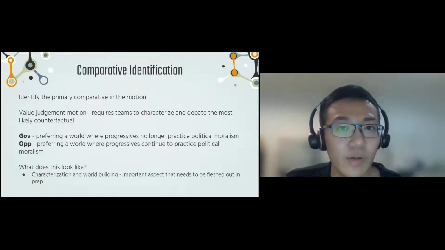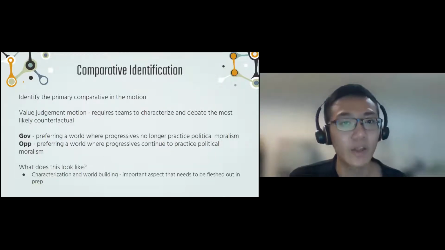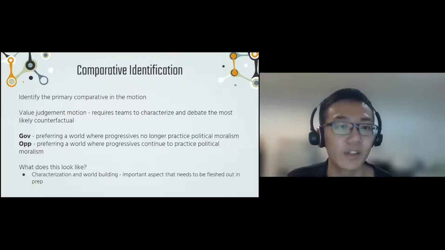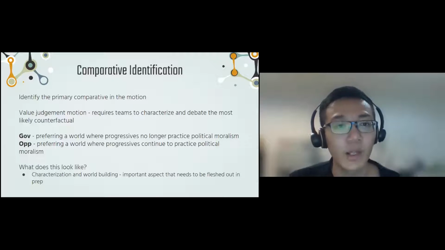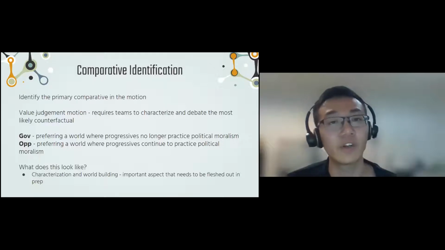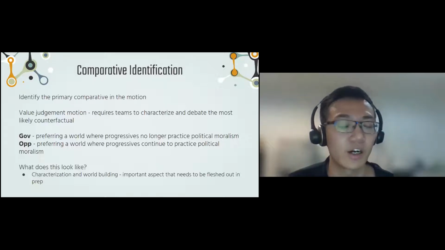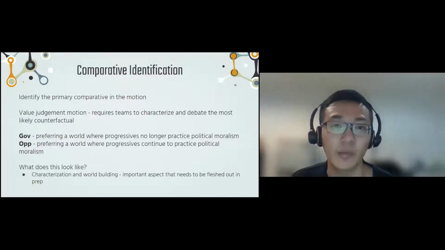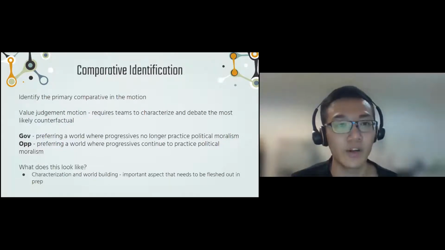Okay, so in terms of comparative identification, the first thing you must do is to identify the primary comparative in the motion. And I say primary here because debates often involve a lot of different dimensions, and there can be many different comparatives in the round, especially between different arguments, different stakeholders, different outcomes, etc. But there is the primary comparative that needs to be identified first, which is where all of the arguments stem from.